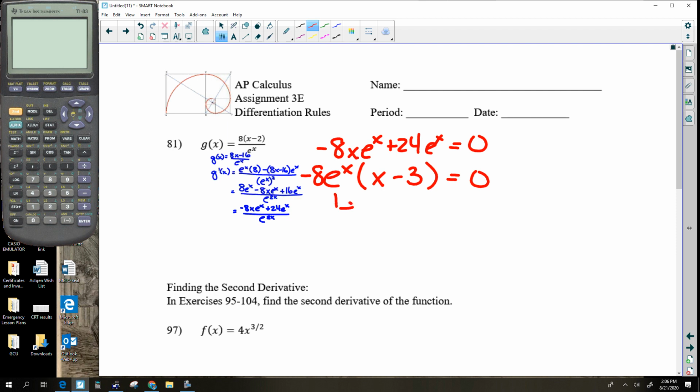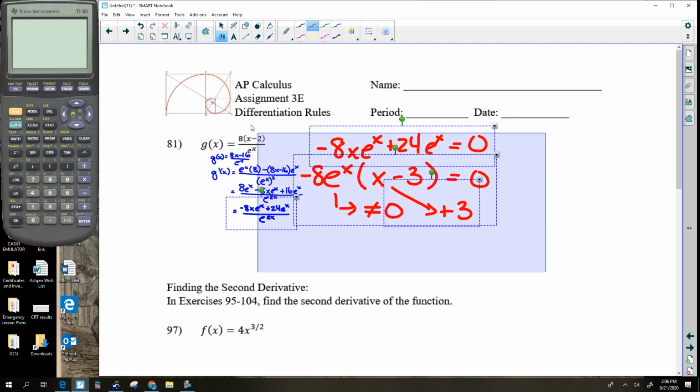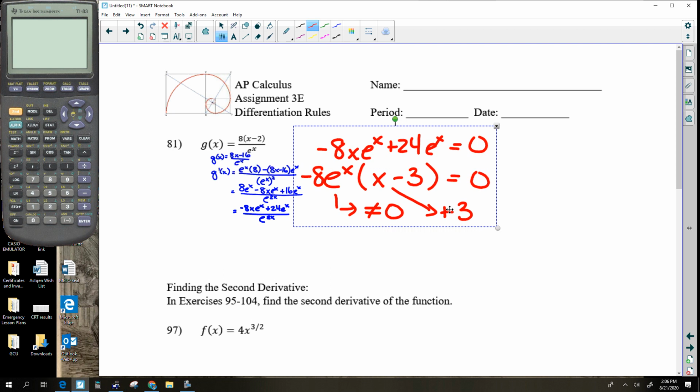Right? The e to the x will never, ever equal 0. So you're not going to get a 0 from that outside factor. The only one that will exist is this positive 3 coming from that inside portion. So positive 3 is the x value that will create your horizontal tangent. Now, what is that as a point?